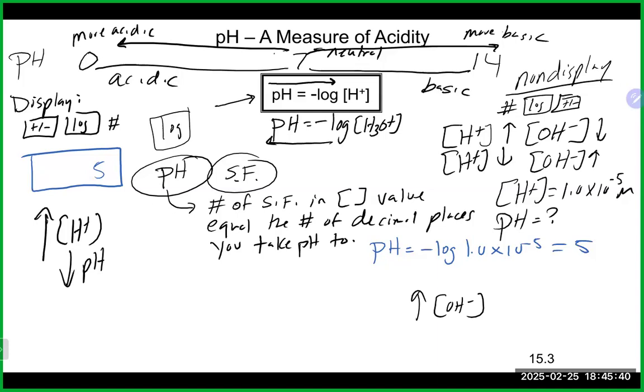Now, when we go to report this as our pH value, we have options. Do I go 5? Do I go 5.0, 5.00? Which one would be the proper way to report this one?